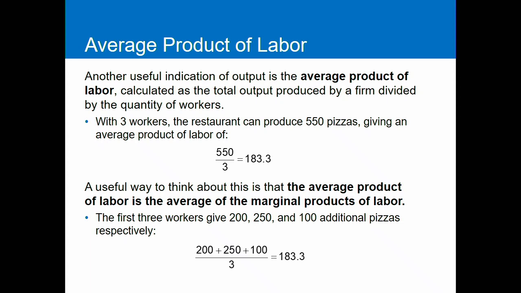So the average product of labor is, in this case, 550 divided by 3, or 183. You can also think of it as the average of the marginal products of labor. The marginal products of labor for these 3 workers are 200, 250, and 100. You sum those, it equals 550. So there are 2 different ways to visualize it, whether you want to look at the total product or sum the marginal product. Same basic thing. In this case, it's going to be 183.